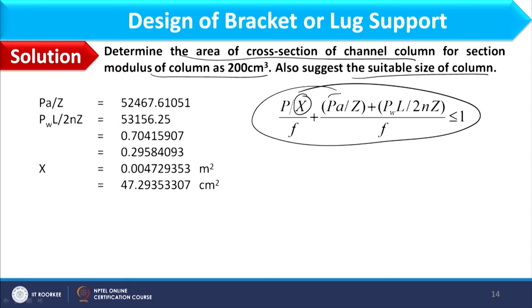All these parameters we have already discussed in the last lecture. Considering all these parameters, where F is the allowable stress of column, you need to solve this equation equating to 1, because that would be the extreme condition, and accordingly I can find x as 47.29 centimeter square.